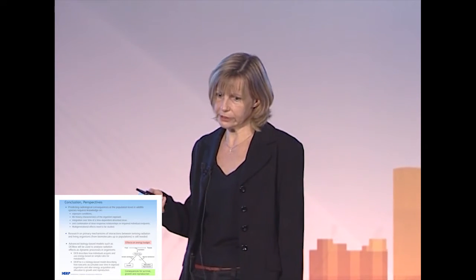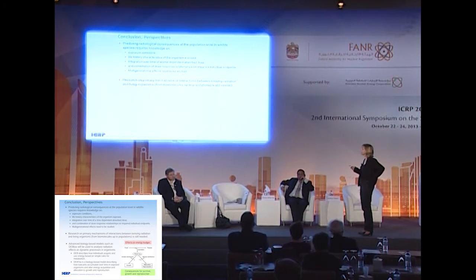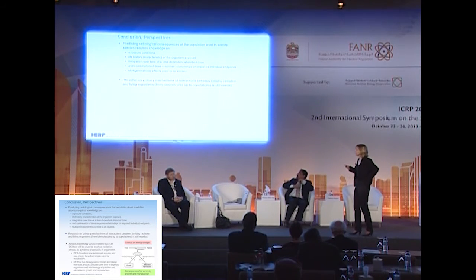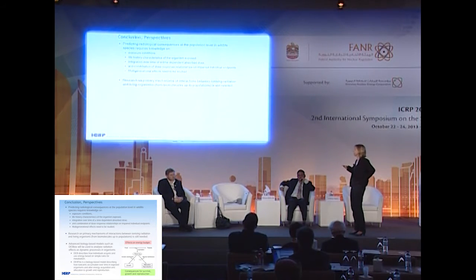So finally, to conclude and give some perspective, it's clear that predicting radiological consequences at the population level, which is the one of major interest for radioprotection of the environment in wildlife species, requires knowledge of exposure conditions, of life history characteristics of the exposed organism, integration over time of a time-dependent absorbed dose, and combination of dose-response relationships on impaired individual endpoints.